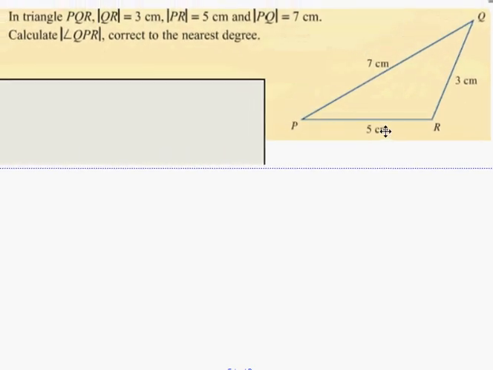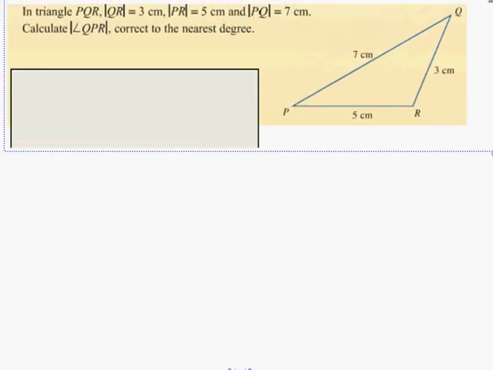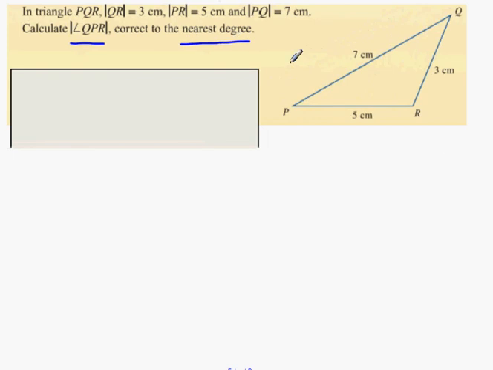What are you thinking about this one, guys? Is it an angle question or a length question? How do you know it's an angle question? And nearest degree. Which one is QPR? Okay. Now, can we use the sine rule? No. Why?